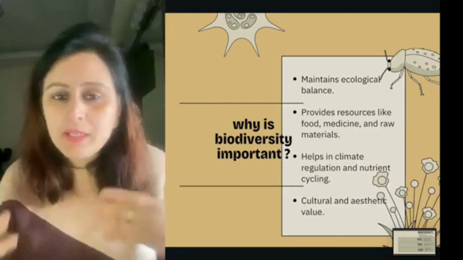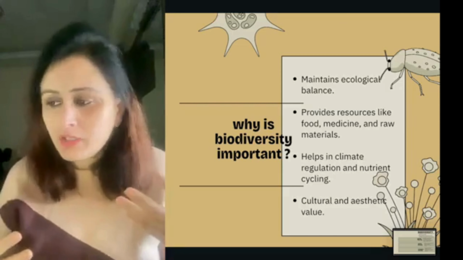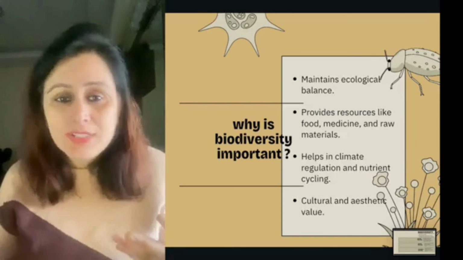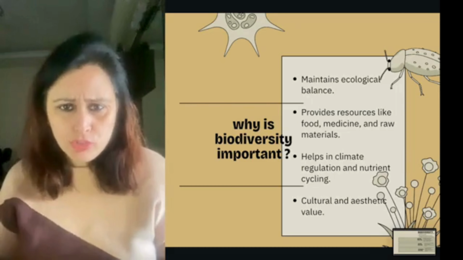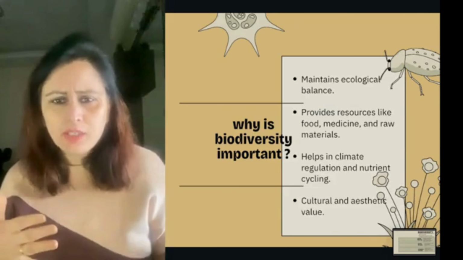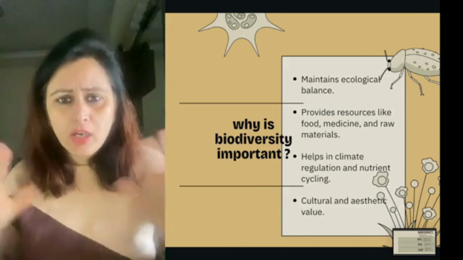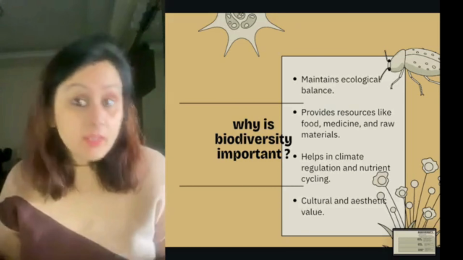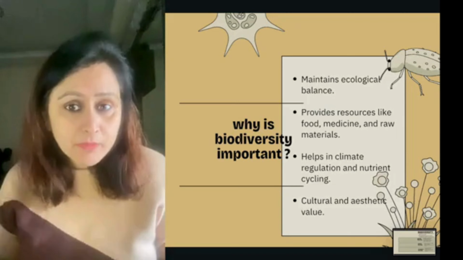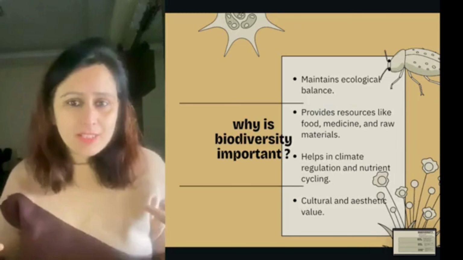So it also helps in climate regulation and the nutrient cycle. Nutrient cycle कैसे? We know that there is an abundance of nitrogen in the air. We have studied in our junior classes कि nitrogen हमारे atmosphere में काफी amount में present है. But is it in the form that we can consume it? No, it isn't. Right?